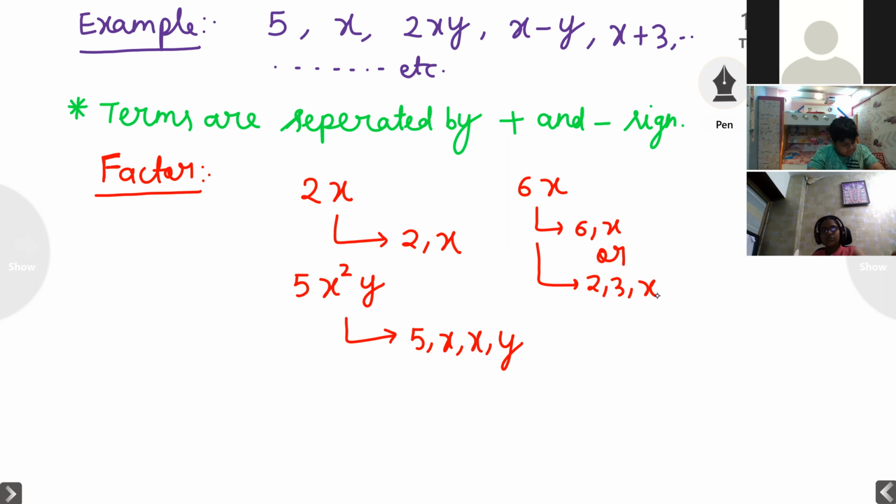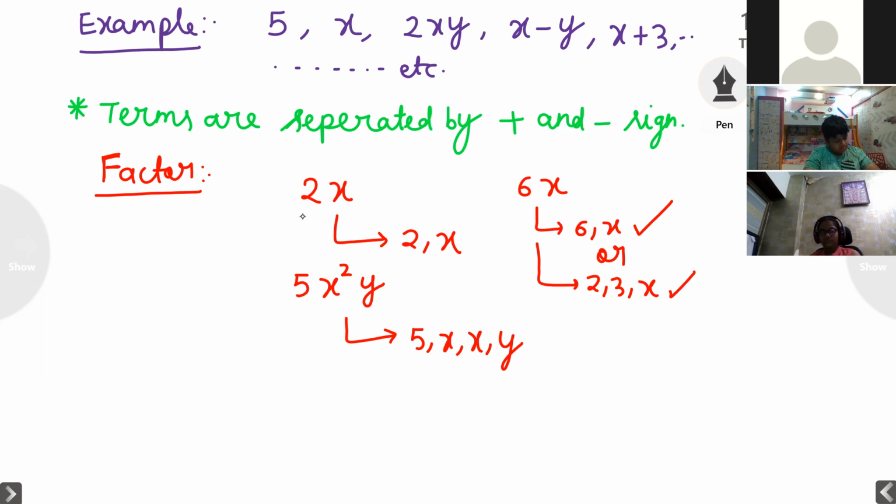Are you getting my point, students? How to calculate factor? We can separate the numbers. If we are able to factor, we can factor. Otherwise, directly we can write 6 comma x also, right, but the accurate answer is 2 comma 3 comma x.